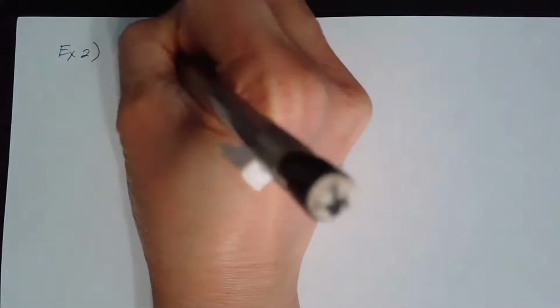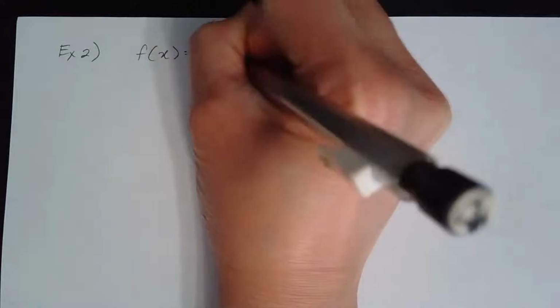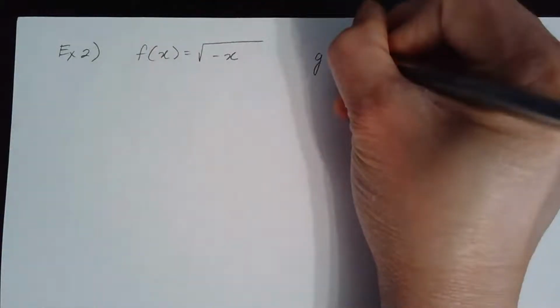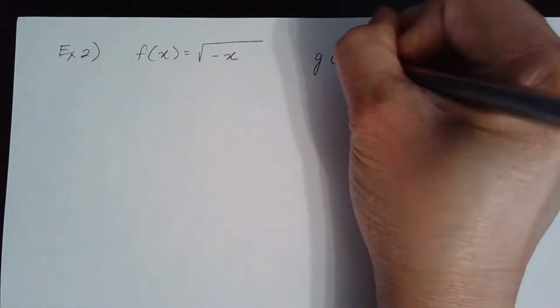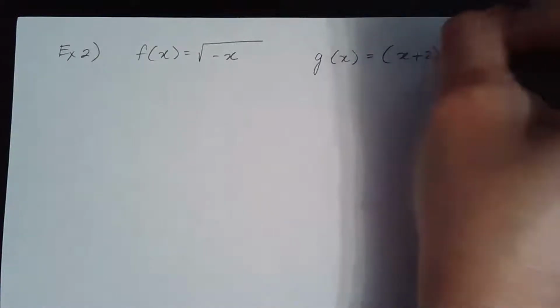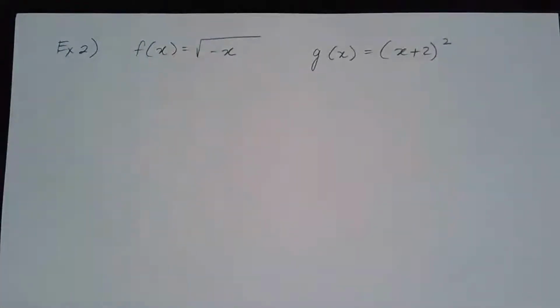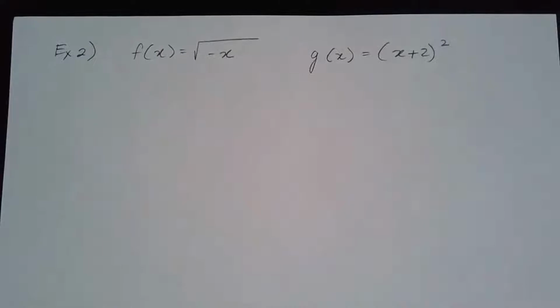Okay, so again, I'm going to grab another piece of paper. This is my function, example number 2. F of x is equal to the square root of negative x, and g of x is equal to x plus 2 squared. Let's just do that.